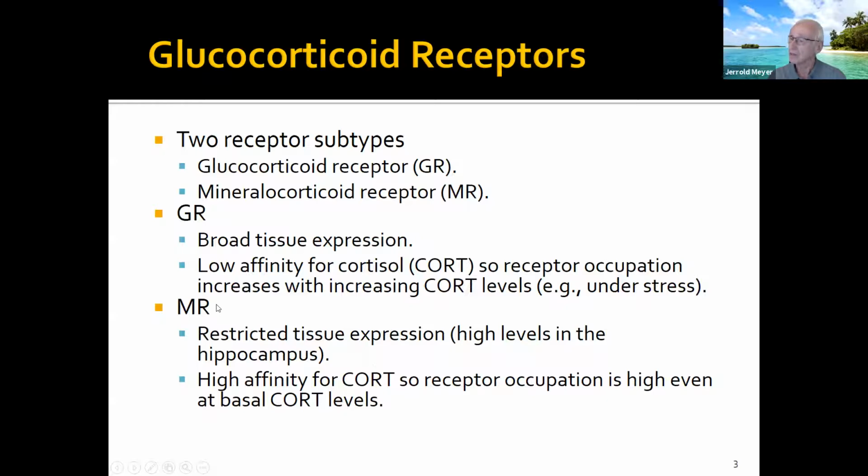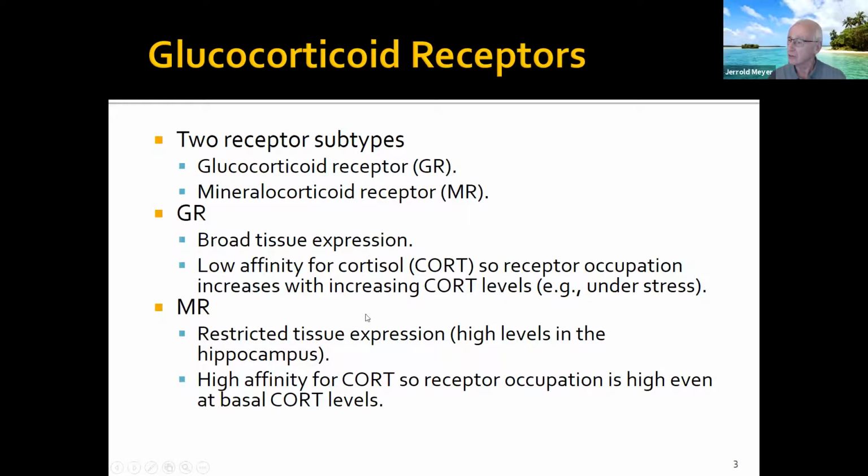By contrast, the mineralocorticoid receptor has much more restricted tissue expression because aldosterone works in the kidney. Obviously, there's a lot of MR in the kidneys. In the brain, it's mostly restricted to the hippocampus, an area that's very sensitive to glucocorticoids.